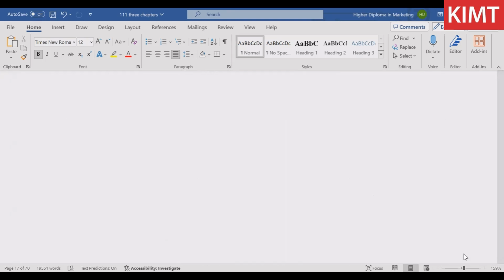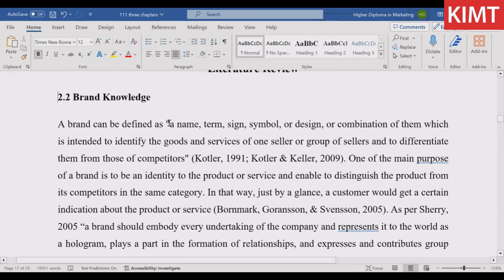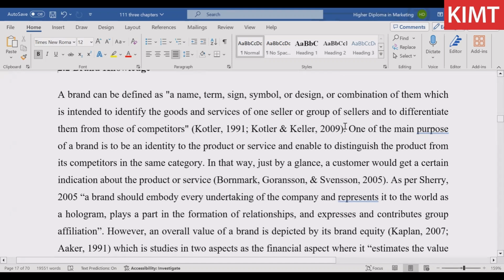Now I think it's much clearer to you, right? Yes. Now can you see some citations here? Example citations. Hope you can see. Yes. So this is called academic writing or scientific writing.